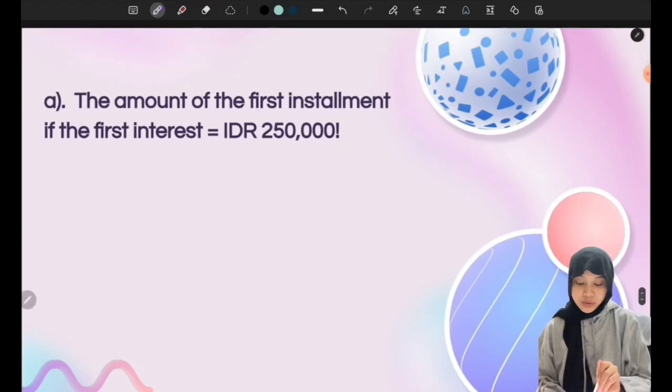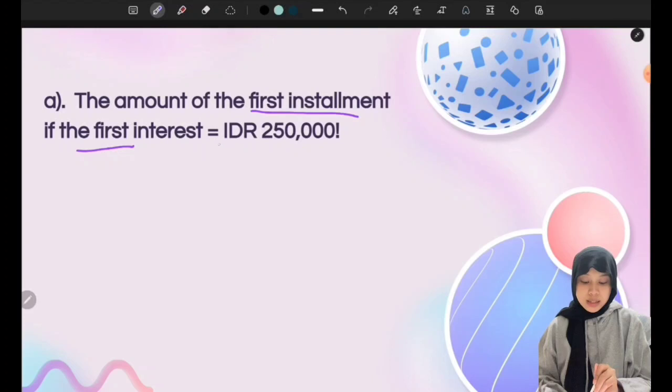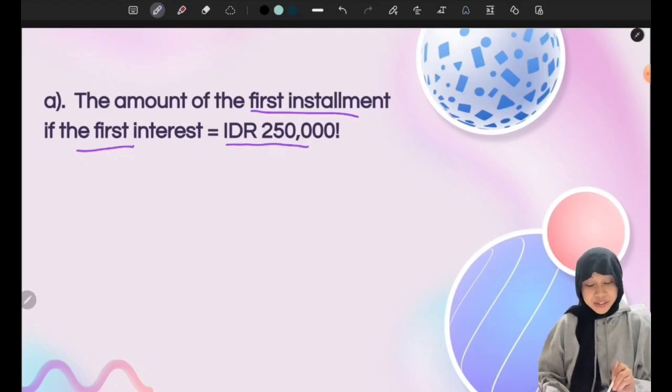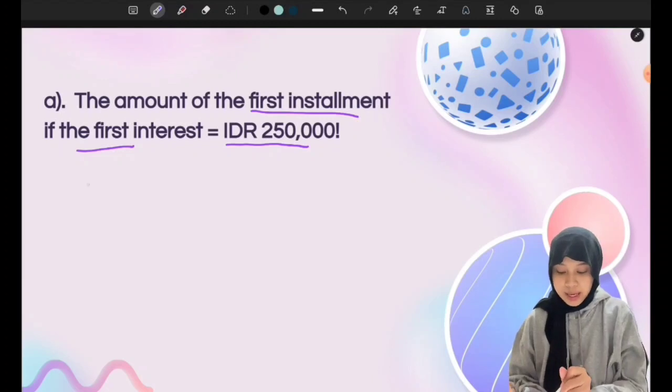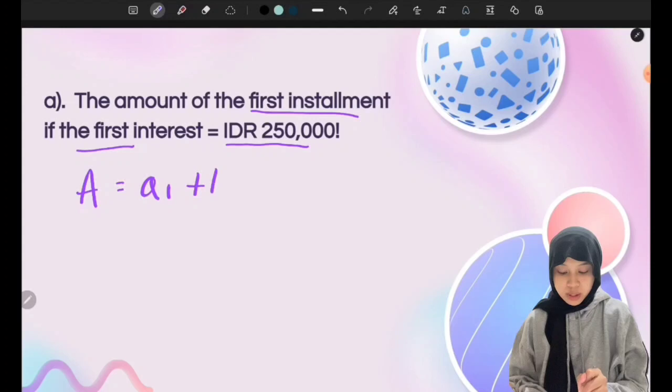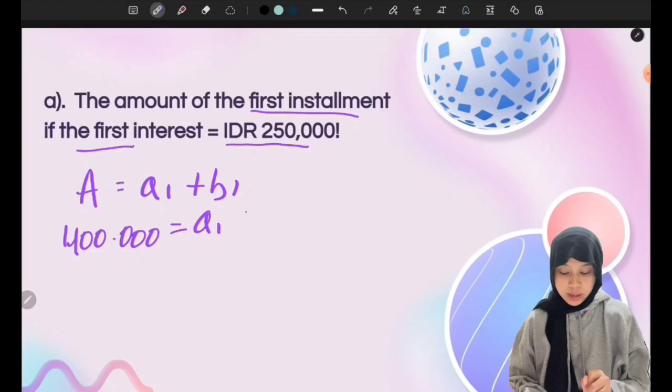The amount of the first installment if the first interest is 250,000 rupiah. So we can say A equals A1 plus B1. A is 400,000 equals A1, we find the A1, and B1 is 250,000 rupiah.